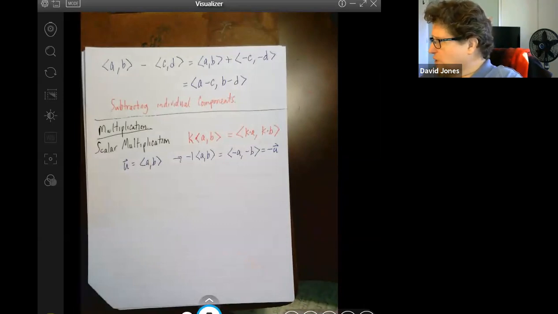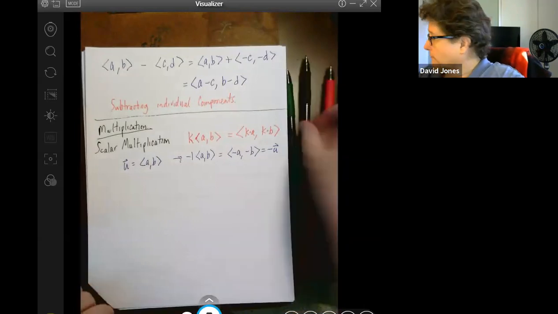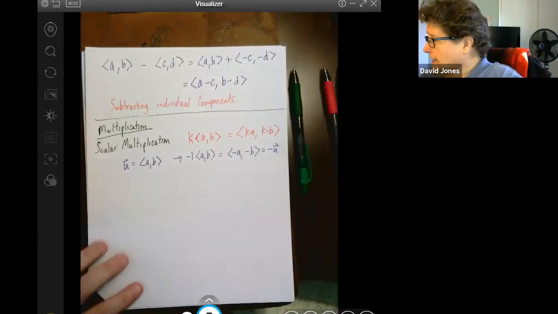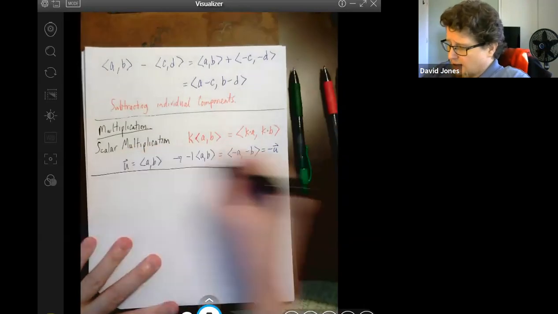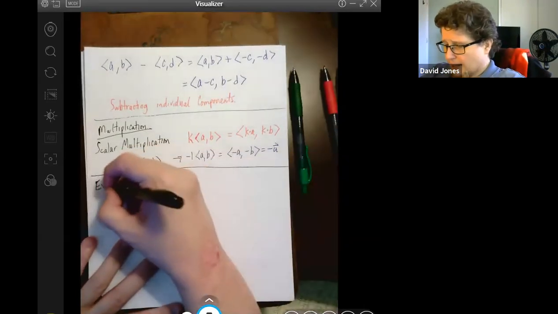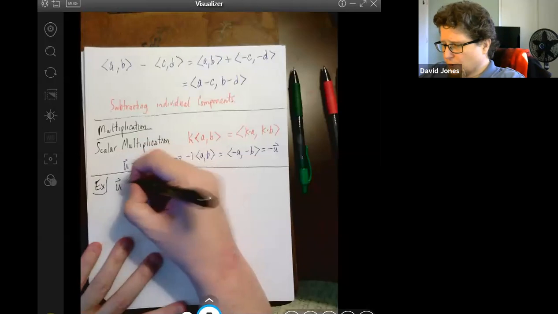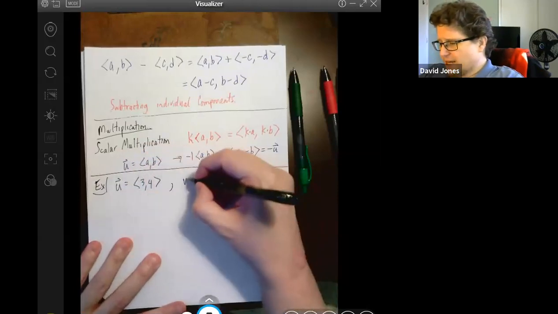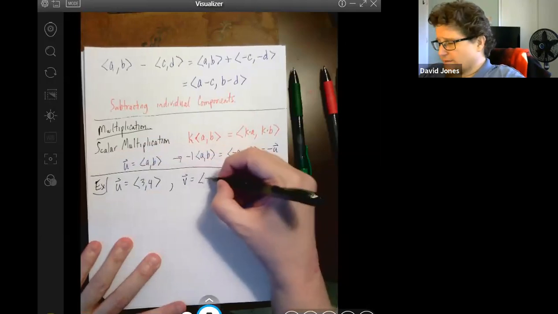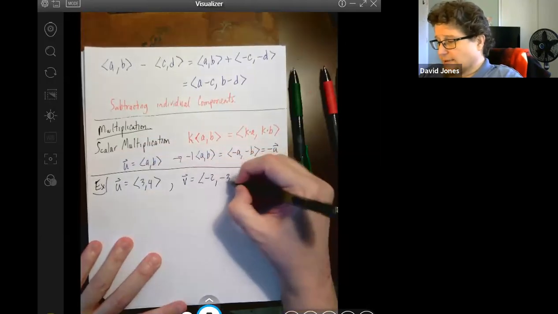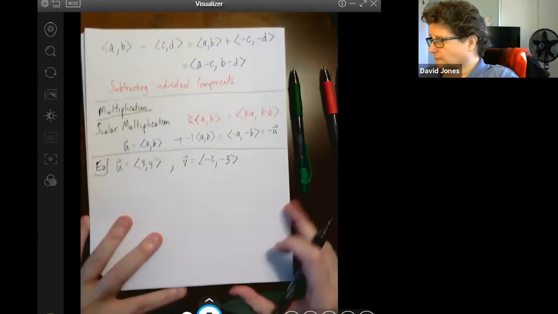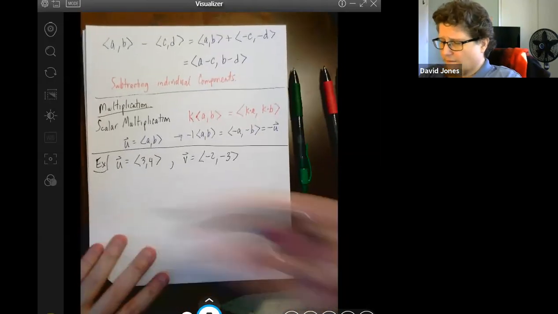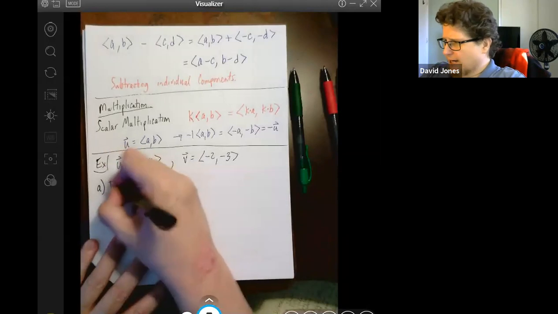Let's do a few things with those before we get to the dot product. So let's look at some examples. Okay. First example, u equals 3, 4. v equals -2, -3. Goal A, find u plus v.